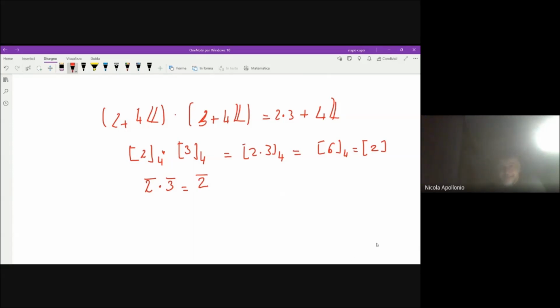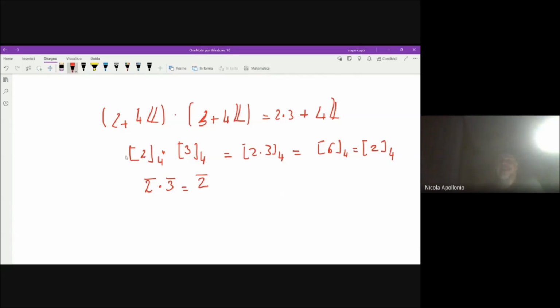The result of this operation, the product of the classes, is exactly the class of the product of the elements.